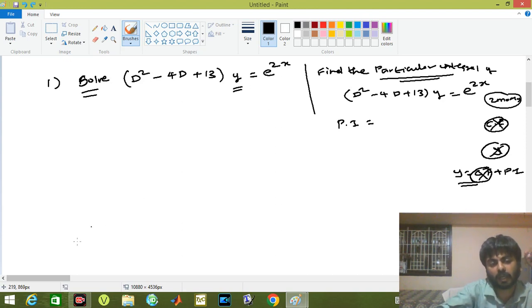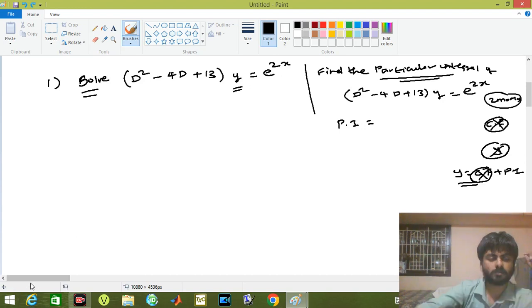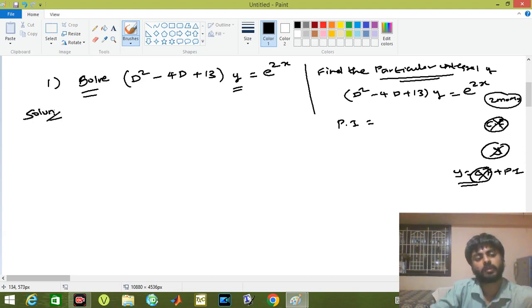Now, solution. First of all we have to find the complementary function. For that we need the auxiliary equation.